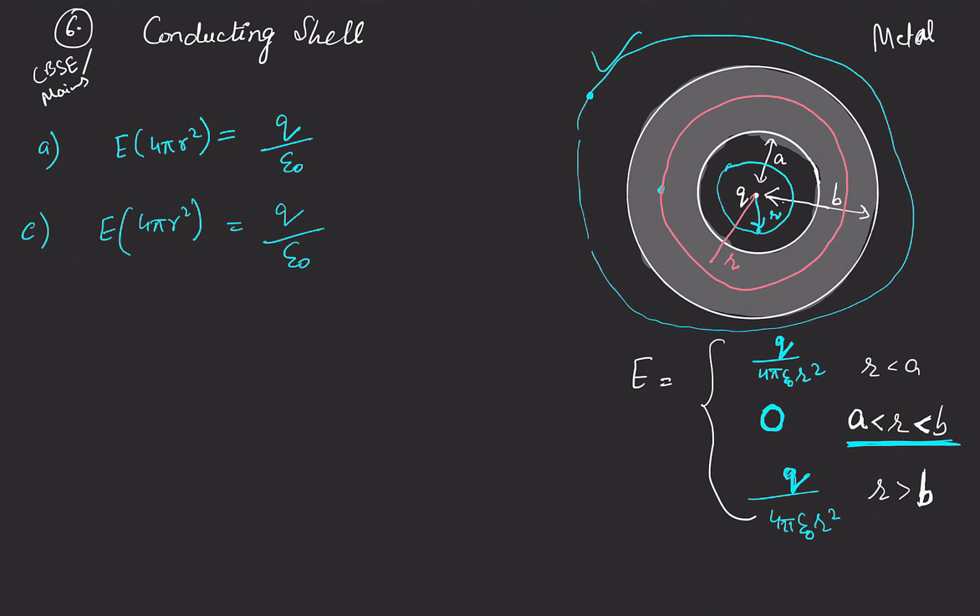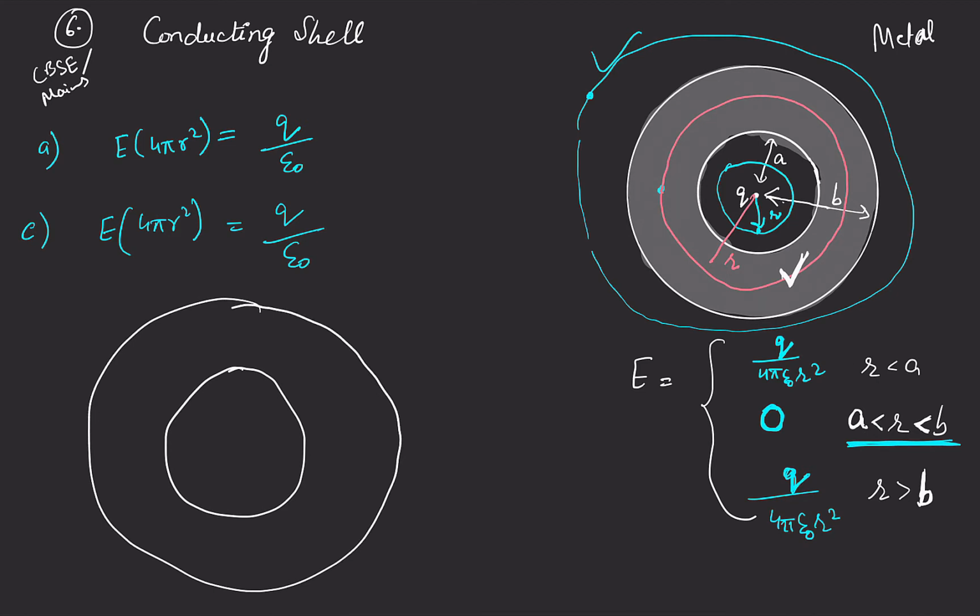An interesting and important thing which can be asked in mains exam is this: the property is that there can be no electric field lines inside a conducting material. So the charge inside this imaginary sphere in pink color has to be 0, and to maintain that charge to be equal to 0, the conducting body adjusts its charge in the following way.